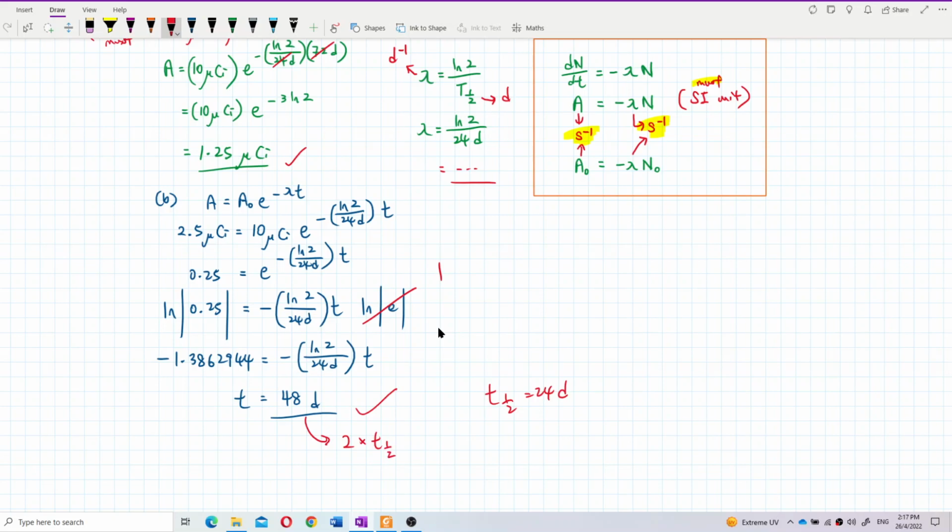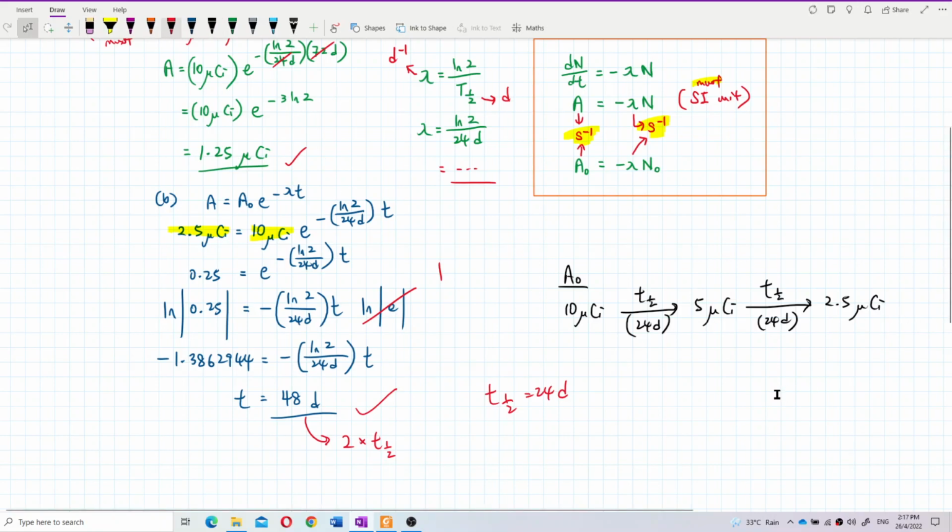If you look at it, the initial activity starts with 10 microcurie. Then after a half-life of 24 days, it becomes 5 microcurie, and then another half-life of 24 days, it is divided by 2 again. It becomes 2.5 microcurie.